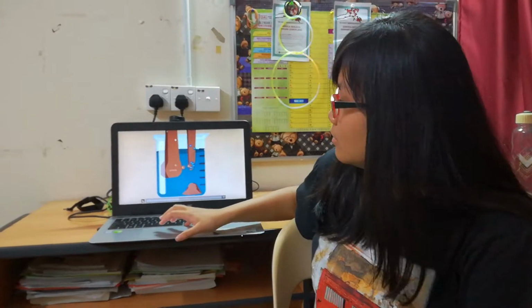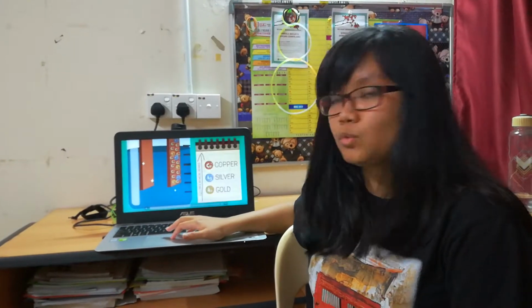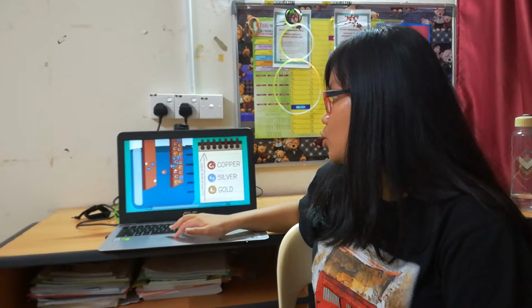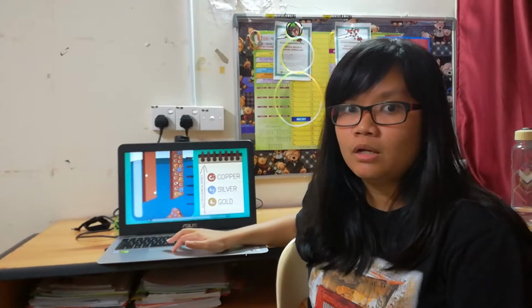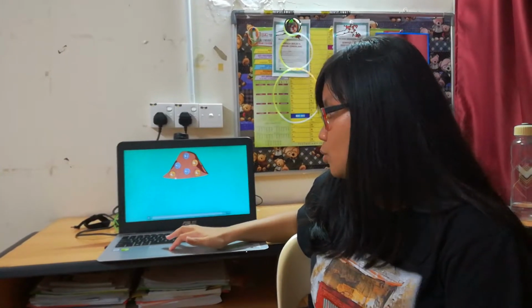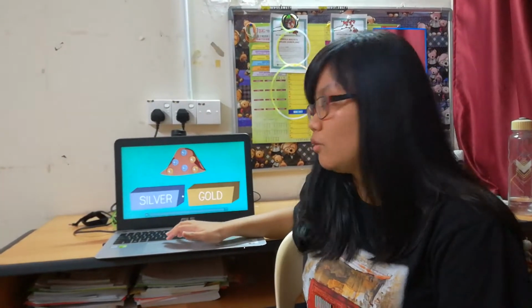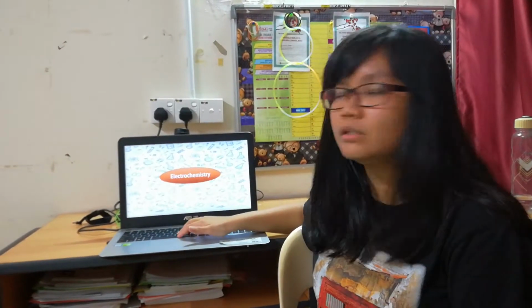Some of the metal from the anode will become anode sludge at the bottom, and this will not be thrown away, as the anode sludge contains very valuable substances such as silver and gold. That's all for the extraction and purification.